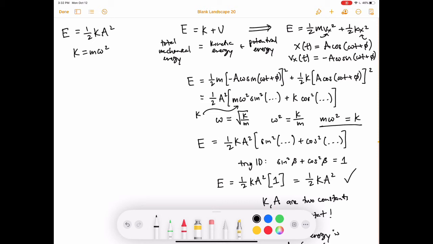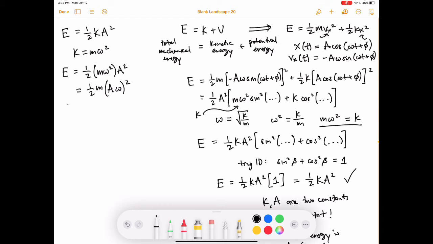So E therefore is equal to 1/2 times m times omega squared a squared, or I could write this as 1/2 times m times quantity a times omega, squared.